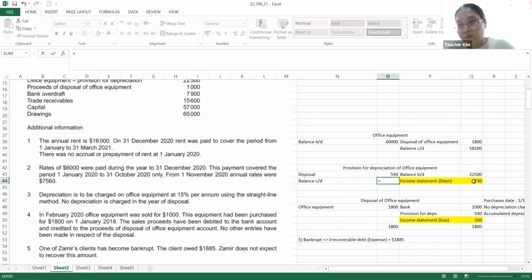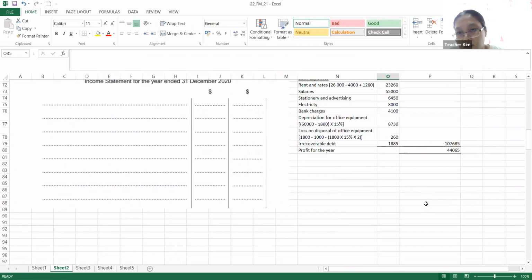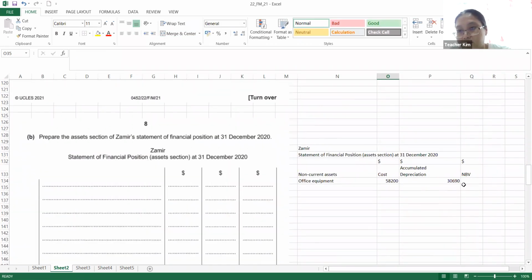This is the amount that we need to record. Take this, plus this, and minus this one. So this is our balance carried out for the provision. Next is our net book value. Net book value is taking the cost minus the accumulated. So this is only one item for the non-current asset.